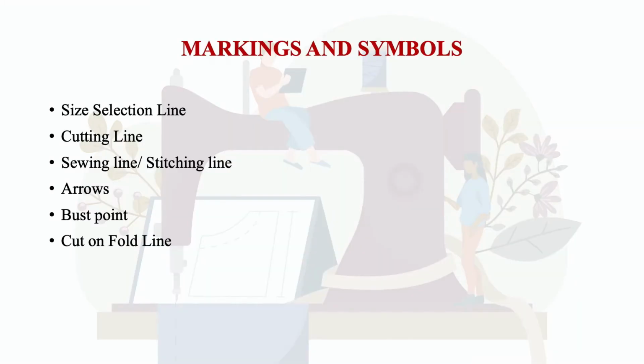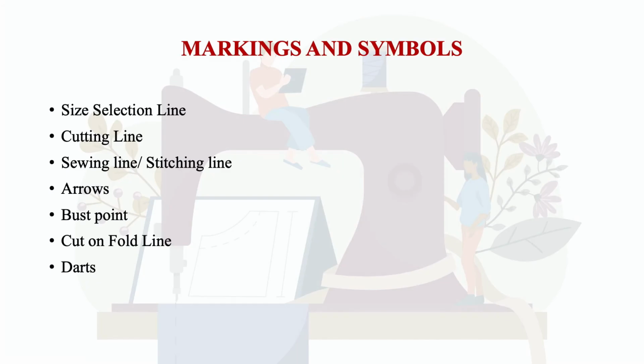Then we have the cut on fold line, for the different layouts of the fabric. If we want to cut the fabric straight, it is marked as straight. If we want to cut it on a fold, it is marked as folded.